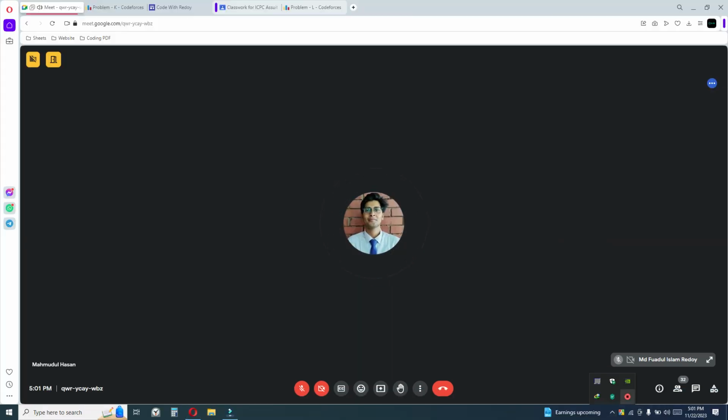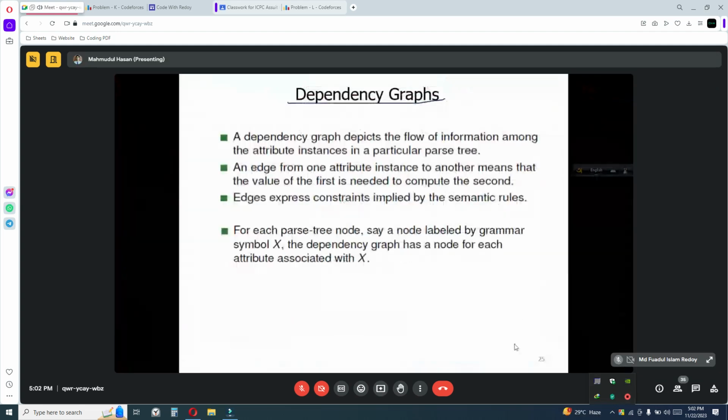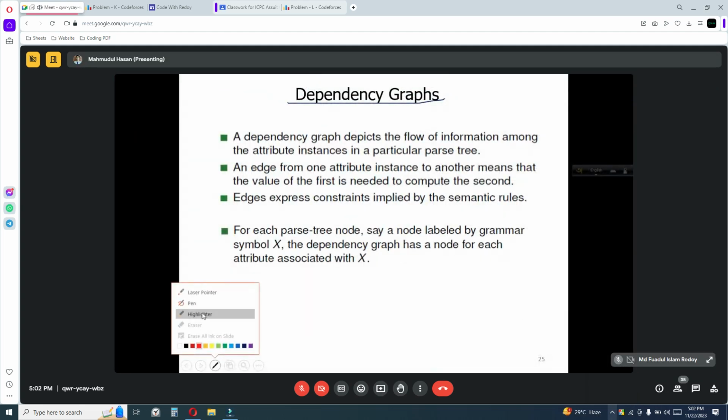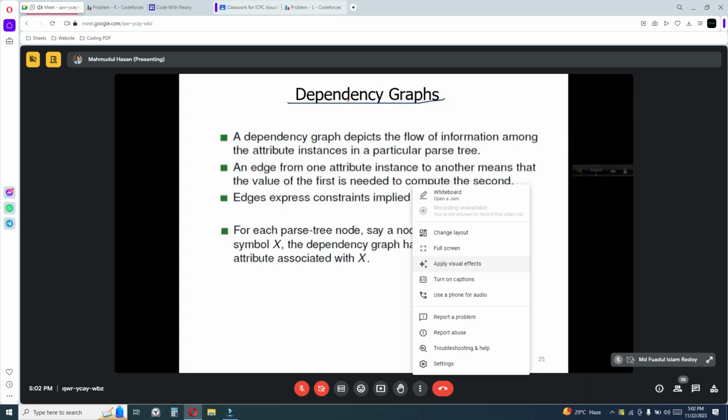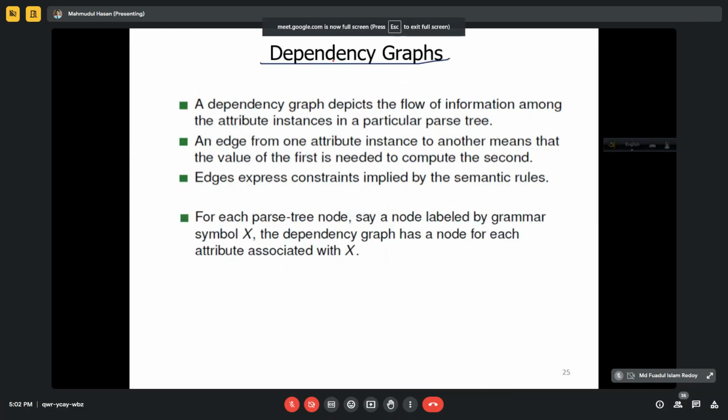Dependency graph represents the flow of information among the attributes, that means how the values of an attribute move from one attribute to another.